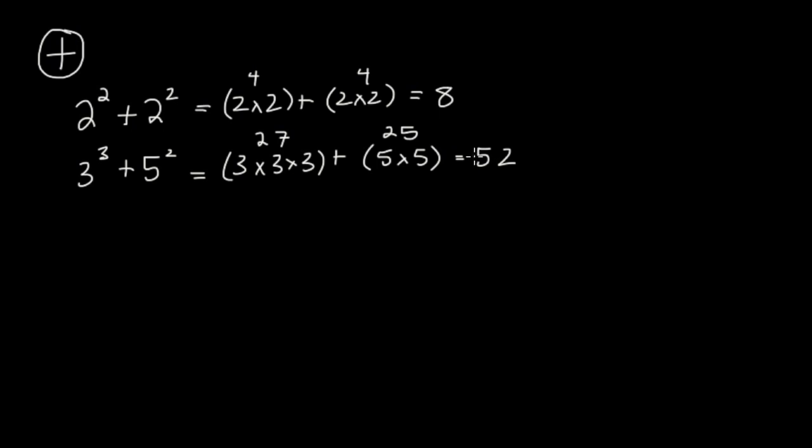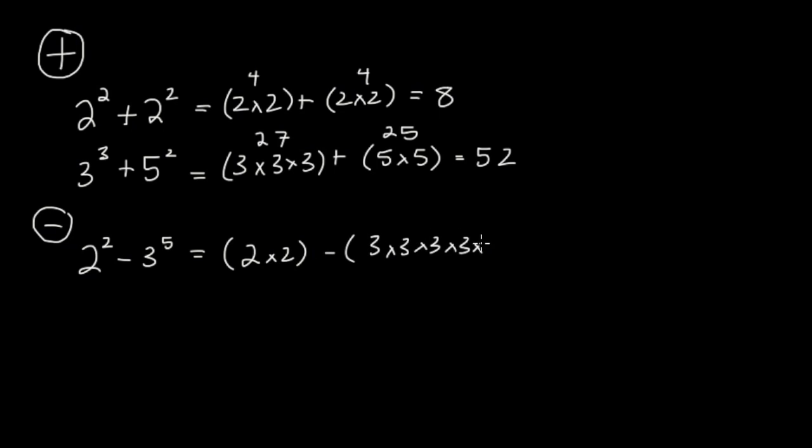All right. Now, the rule doesn't actually change for subtraction. If I have 2 to the power of 2 minus, let's say, 3 to the power of 5, I will still be evaluating each one separately, then doing the operation. So 2 times 2 minus 3 times 3 times 3 times 3 times 3. A lot of 3's.